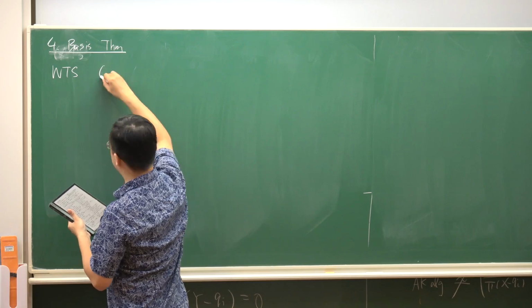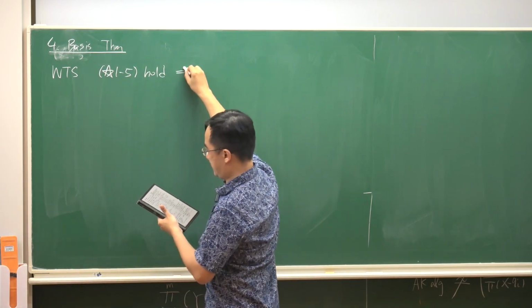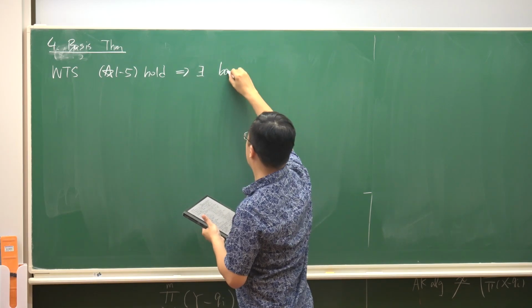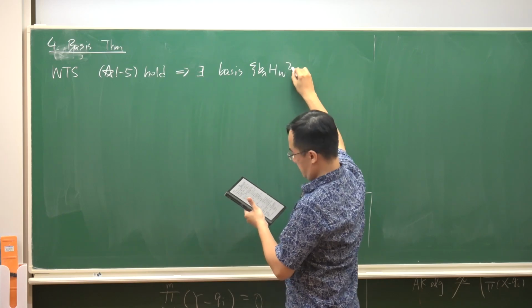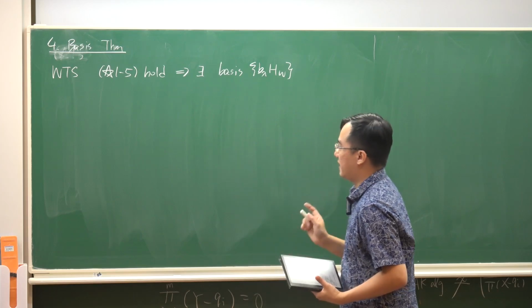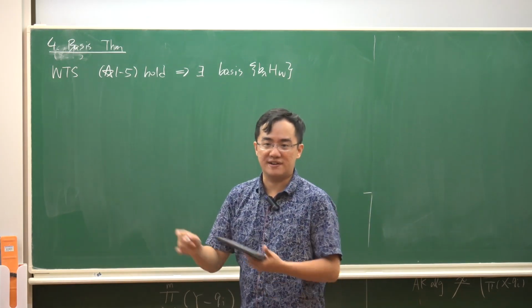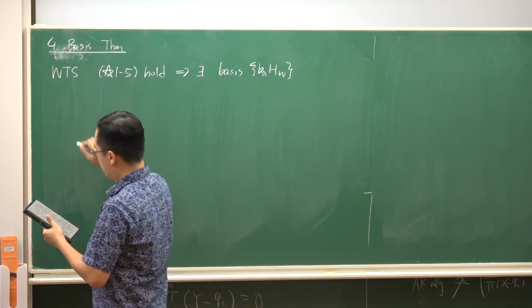We are showing that these all hold implies that there's a nice basis of this form. Okay, so in order to do this, I think it is helpful to recall Humphreys' proof that T_w forms the basis of the Hecke algebra of finite type.